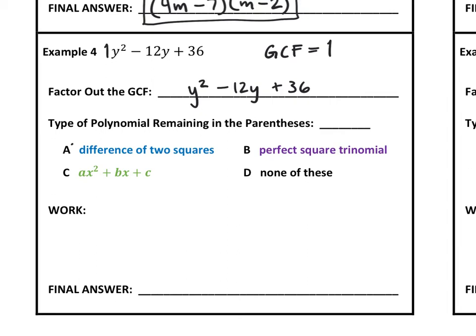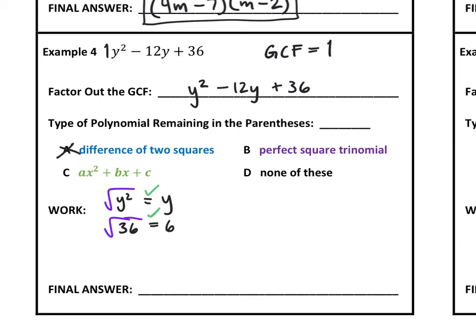I forgot to mention this, but you can actually cross out the options that don't work. So let's look at perfect square trinomial. Can I square root the first and the last? Yes and yes.